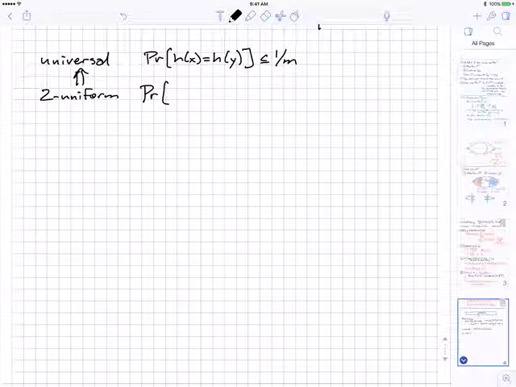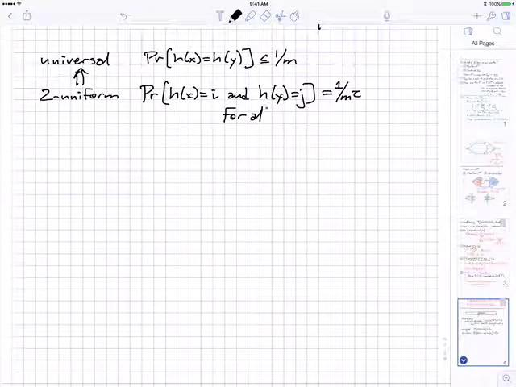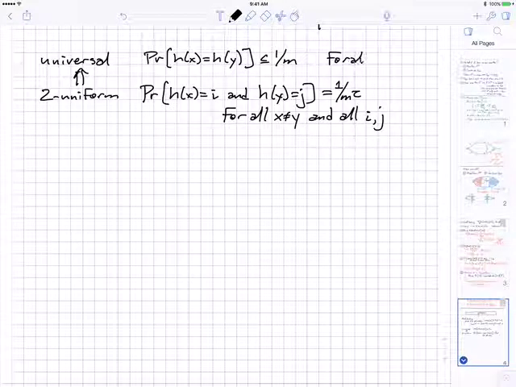This says the probability that x hashes to i and y hashes to j is equal to 1 over m squared. Okay, this is for all items x not equal to y and all indices i and j, whereas this is for all x not equal to y.